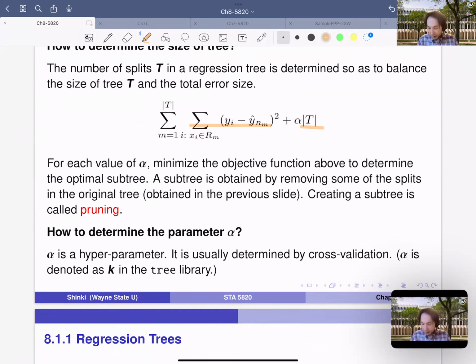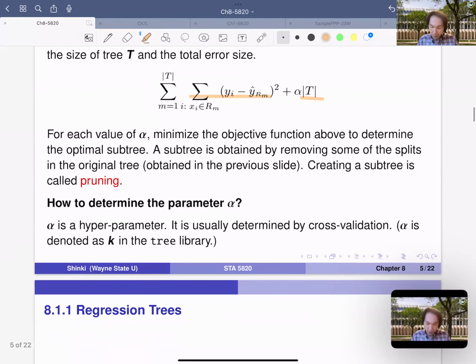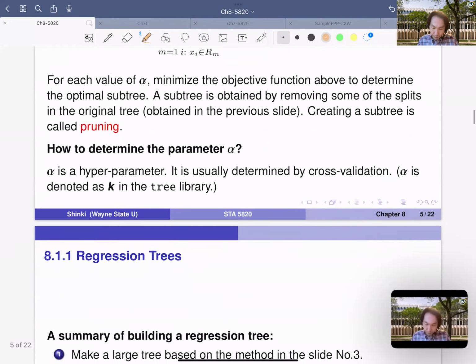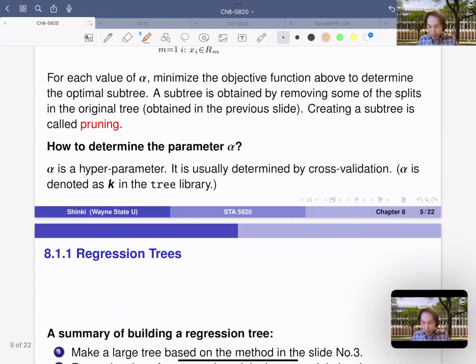After that, we eliminate some splits, and then we can make a smaller tree. This so-called pruned tree is our final model. And alpha is a hyperparameter, so it is usually determined by cross-validation.